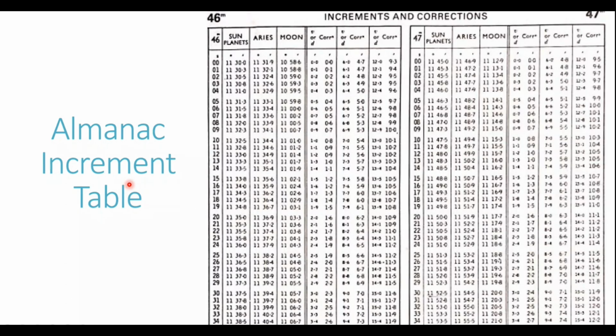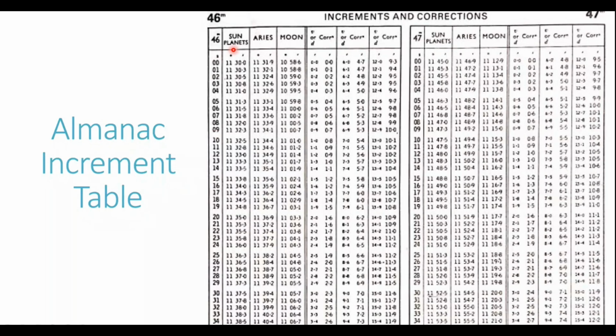You can see the screenshot of the increment table for 46 minutes and 47 minutes. Now you see in the increment table, the first column gives you the seconds. So for each minute and every second, you can get the increment of GHA for all the celestial bodies.